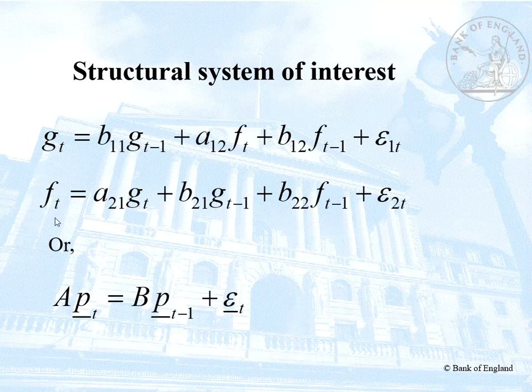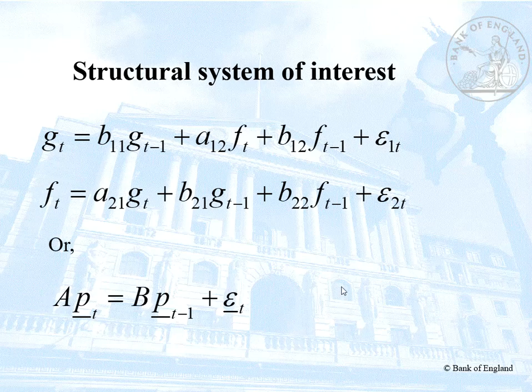And for the free price, it is affected by current and previous regulations or the administered price, but also it is affected by its previous free price. So we have this kind of structure. If we combine these two together, we can form this kind of representation.